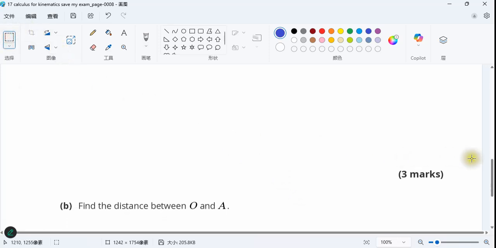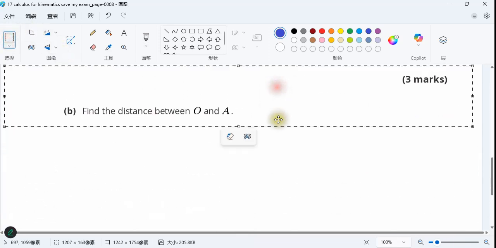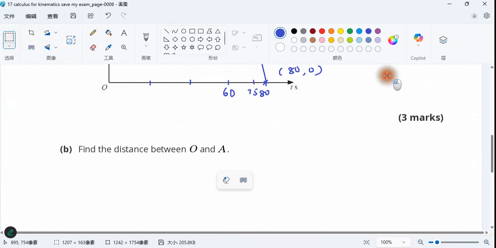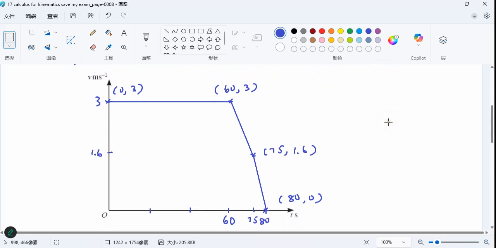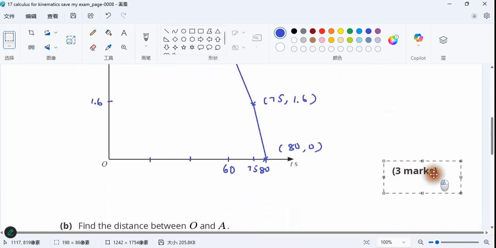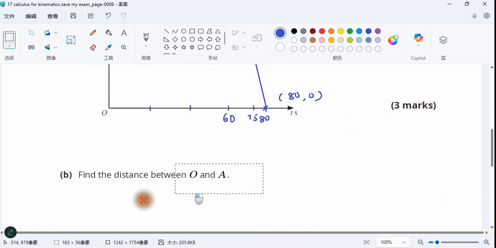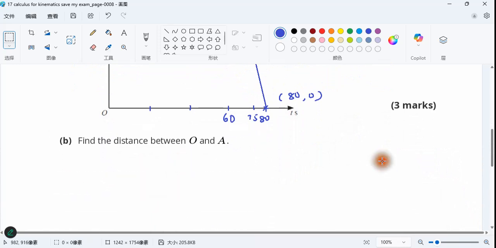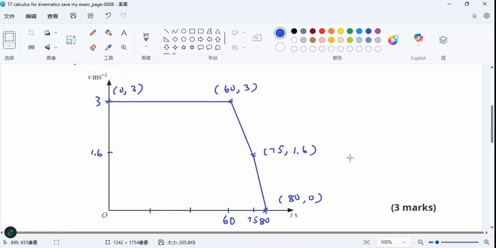Next, find the distance between O and A. This is the VT graph. So for the VT graph, the distance traveled will be the area.